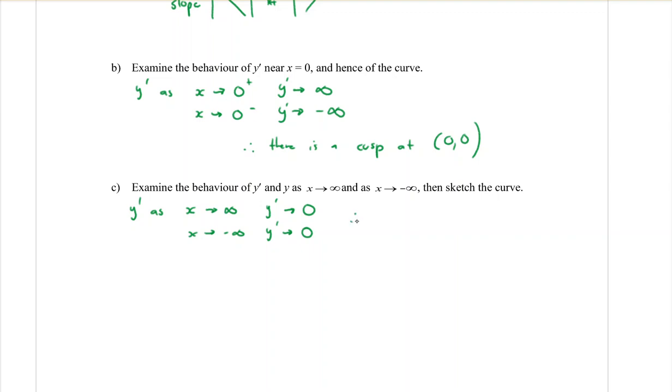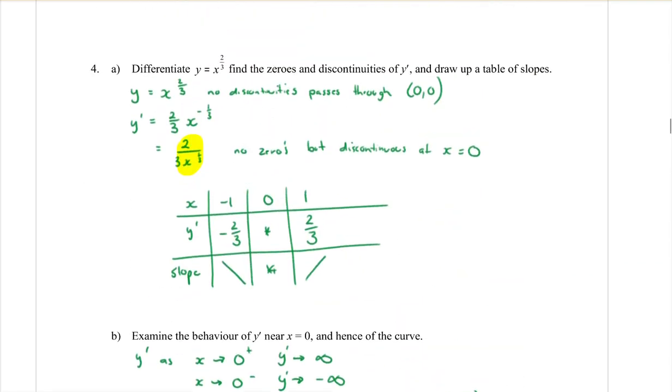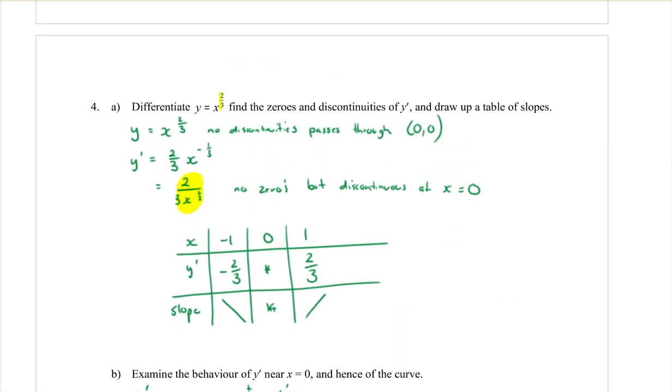That means, again, if my gradient is approaching 0, that tells you that the curve flattens. What is happening to my y values as x is approaching infinity and as x is approaching negative infinity? So into my y equation, which is back up here, if x is approaching infinity, infinity to the power of 2/3 is still going to be infinity.